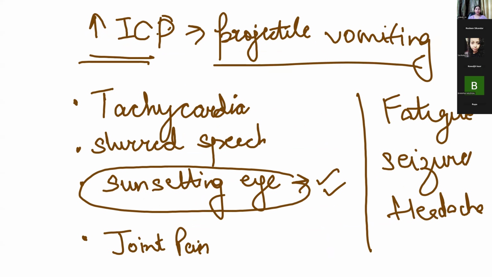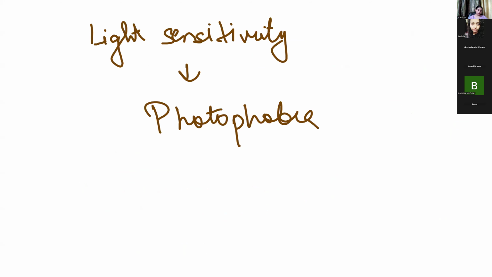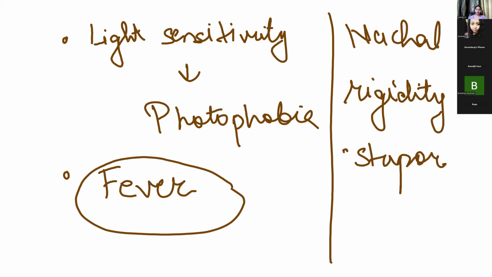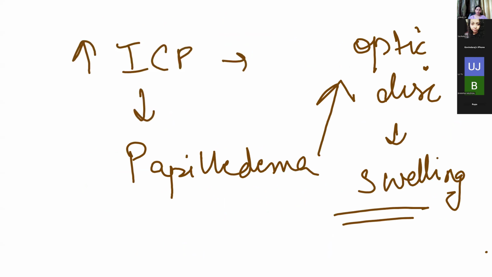Tachycardia हो सकता है. Slurred speech. Sunsetting eye, joint pain, fatigue, headache, seizure, light sensitivity, fever, photophobia, neck rigidity, inflammation, stiffness. Fever होगा because due to parasites or bacteria.